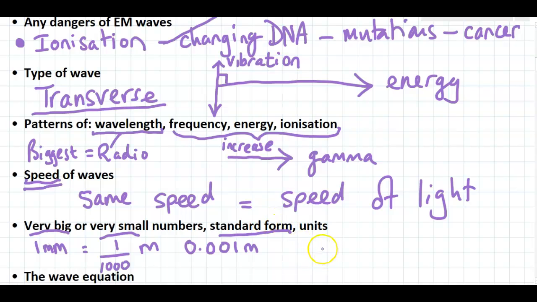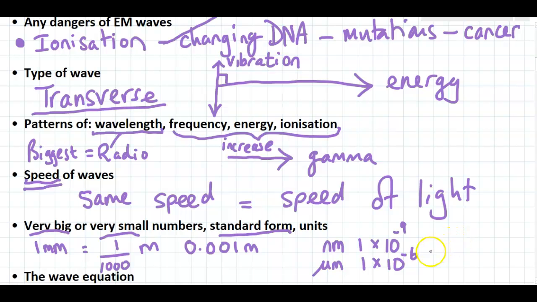Okay, and in the same way you can have some very small numbers like nanometers or micrometers, and these units are small. So if you need to look units up, do. A nanometer is a billionth, and a micrometer is a millionth.